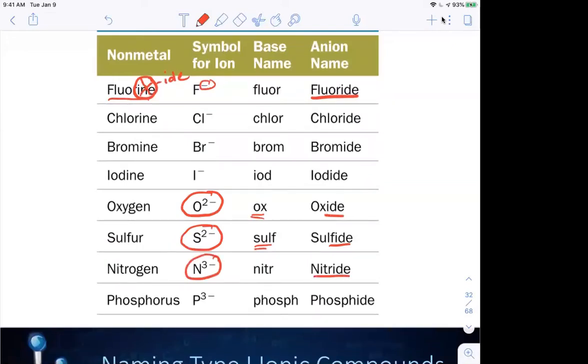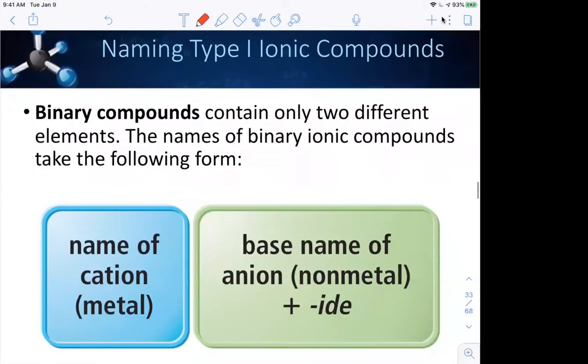So I need to use the periodic table to figure out the name of these anions. When they're just elemental anions that are representative nonmetals, I can predict the negative charge that they form, and I can take the base name of the element and replace the ending with -ide, and then I have the name of the anion.